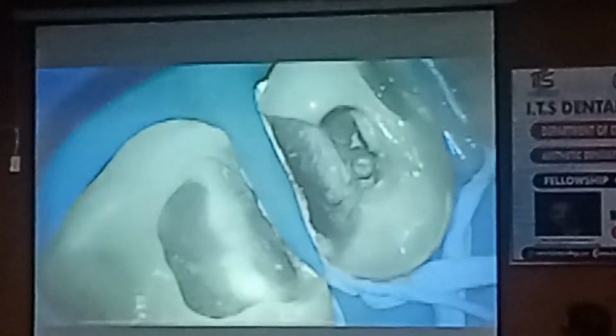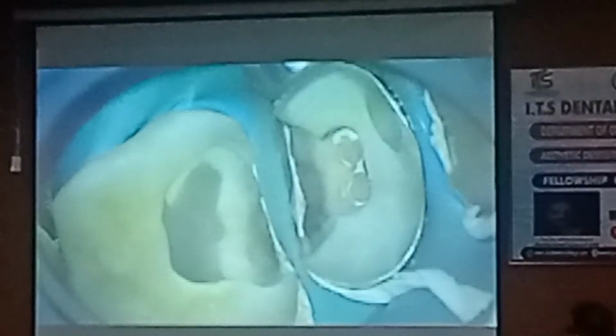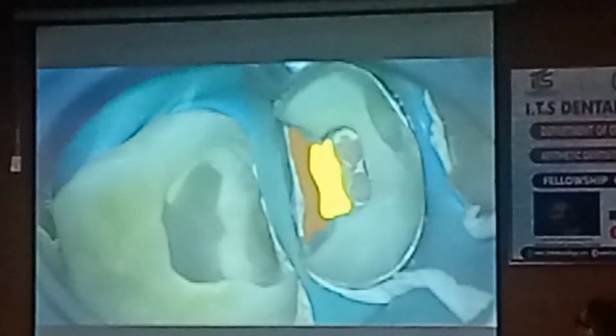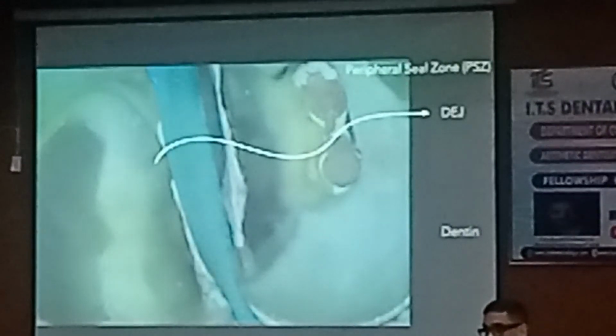So I don't want this to be removed. So then you go ahead, you start your restorations, finish it off layer by layer. Create the peripheral seal zone, and all this under isolation.